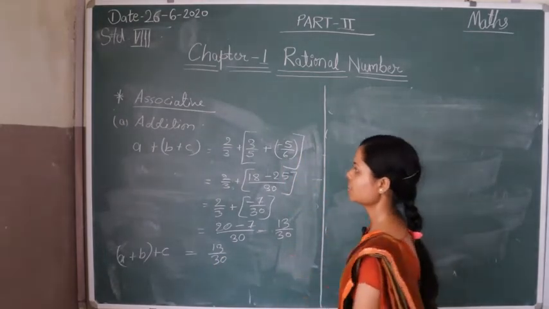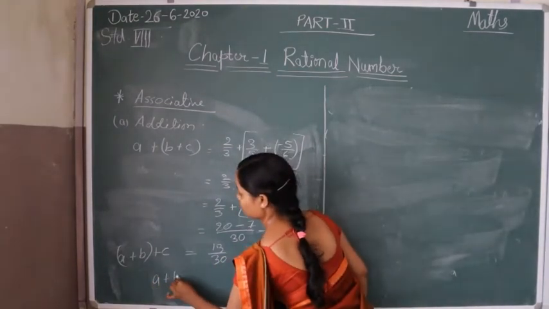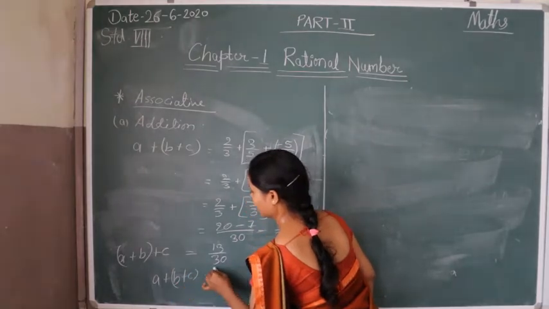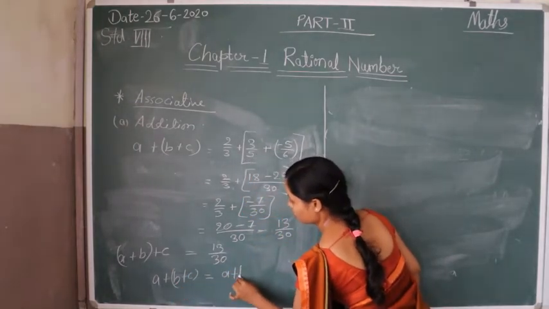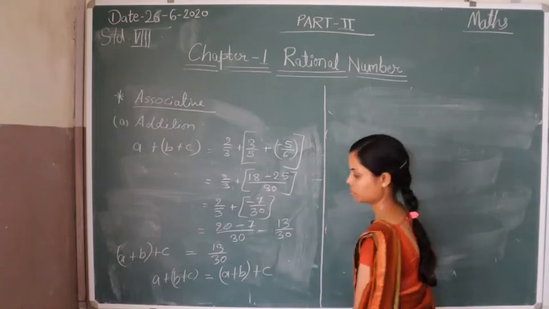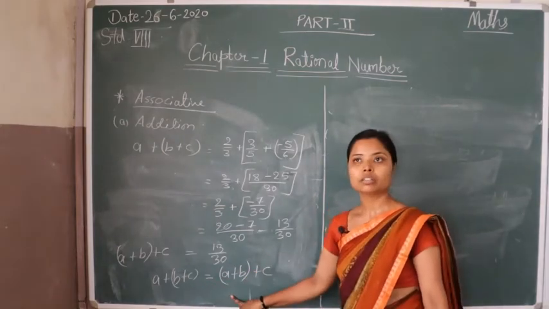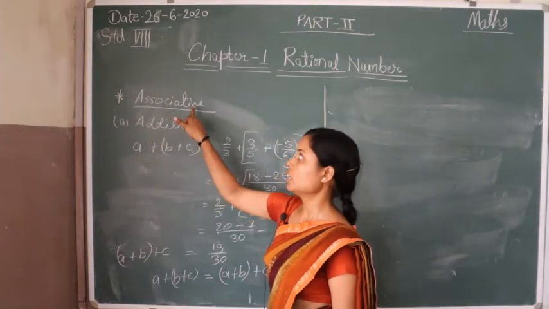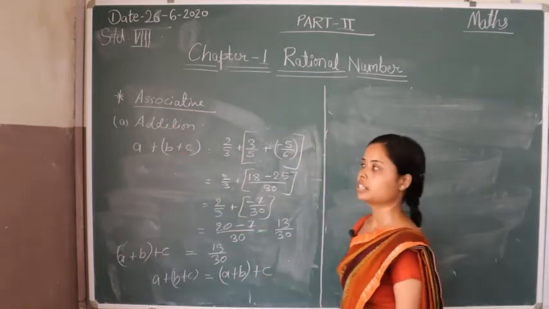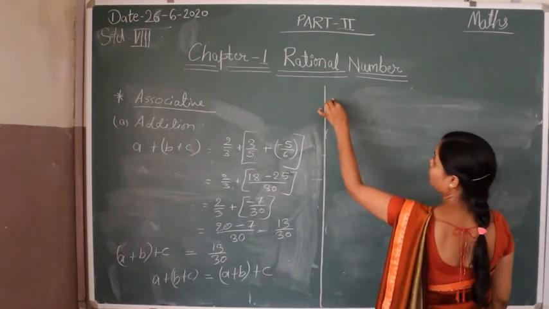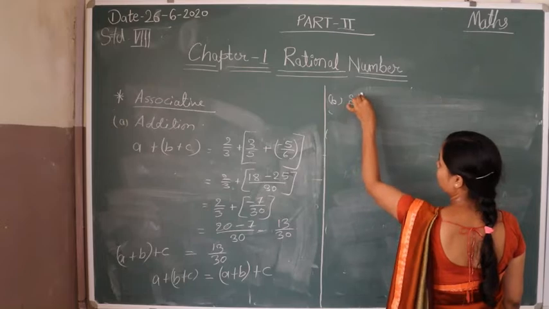So easily we can say that A plus (B plus C) is equal to (A plus B) plus C. Both are equal. So addition is associative for rational numbers. Now next, subtraction.